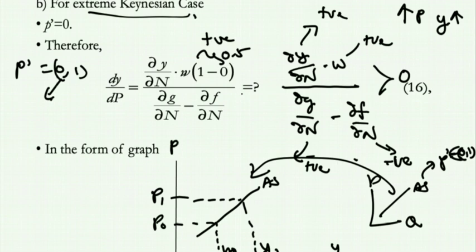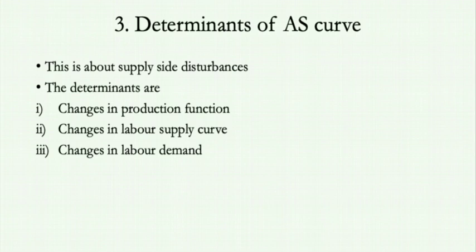So what we have done here, we studied the slope of AS for 3 different types of theory: the extreme Keynesian case, the classical case, and also imperfect foresight. Alright, so now we are done with that. The next question is the determinants of the aggregate supply curve.